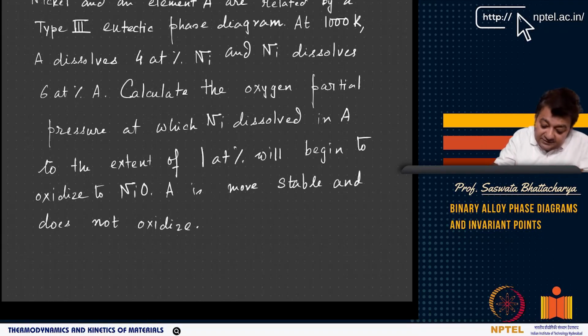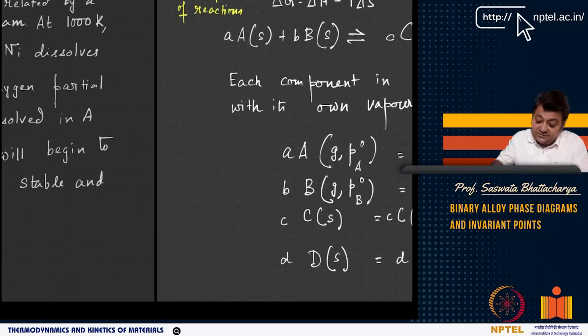A dissolves 4 atomic percent nickel, but nickel dissolves 6 atomic percent A. So XNi in this case is 0.94, and here XNi is 0.04. So let us look at this.